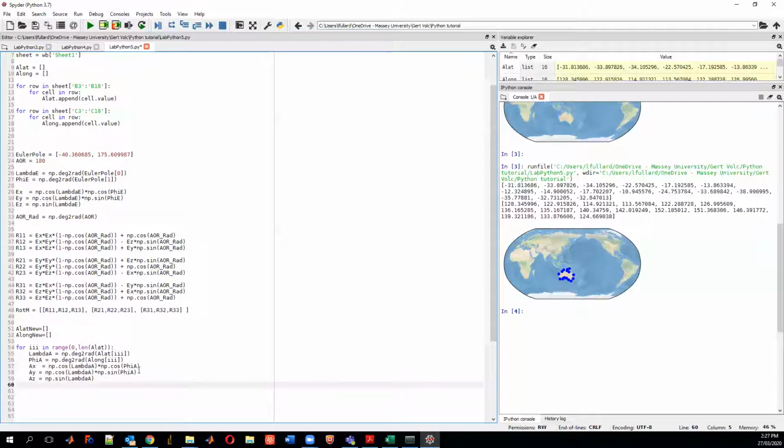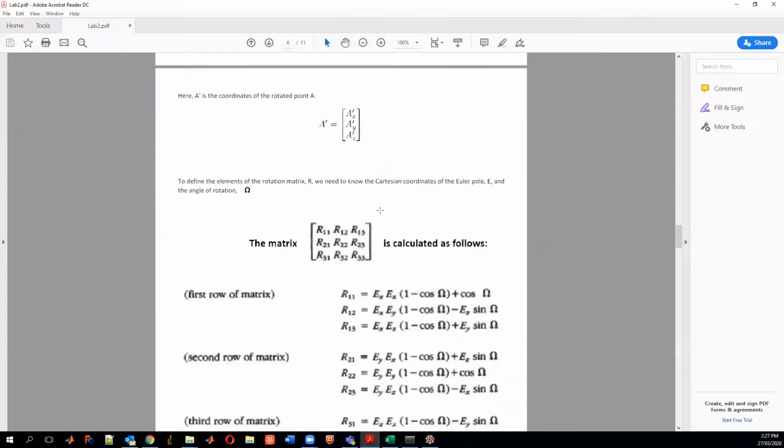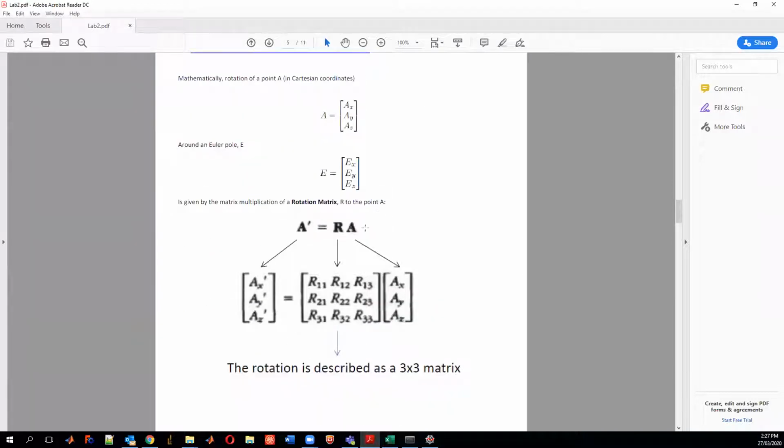Okay, and now I can do this matrix multiplication. So I've got my Euler pole to create my rotation matrix, and now I have my Cartesian coordinate points. So now I can actually rotate this thing. So A prime is equal to, okay, so using NumPy, this command called matmul is matrix multiplication. This matrix times this vector, matmul.